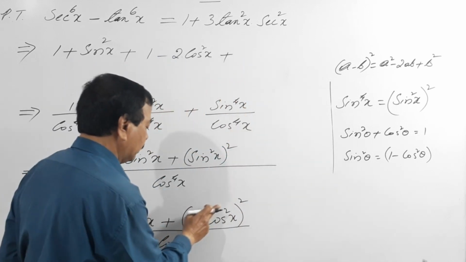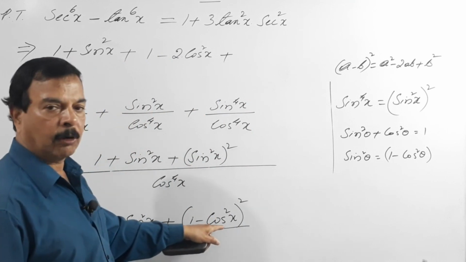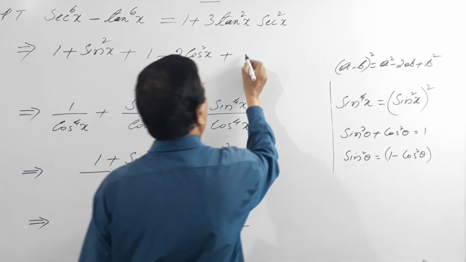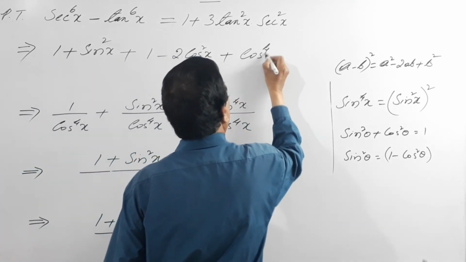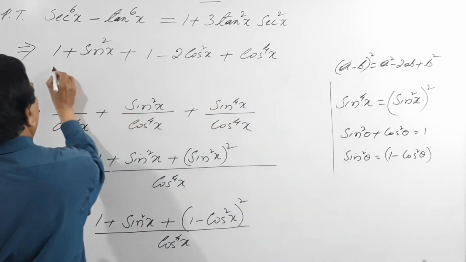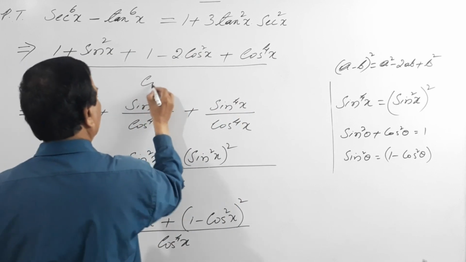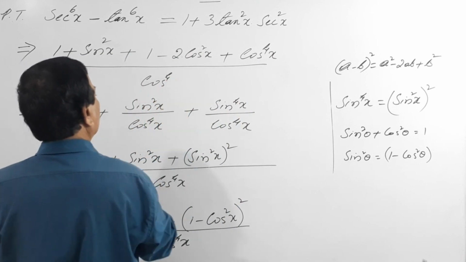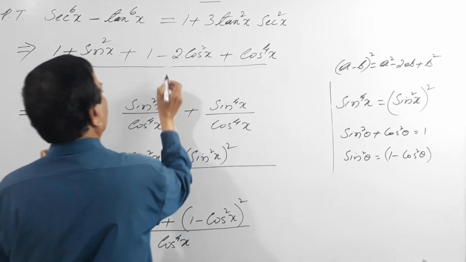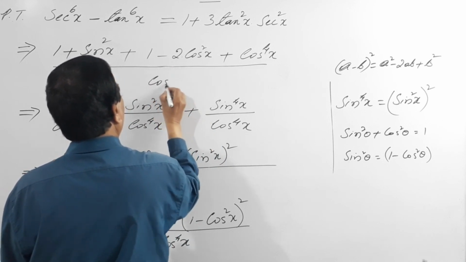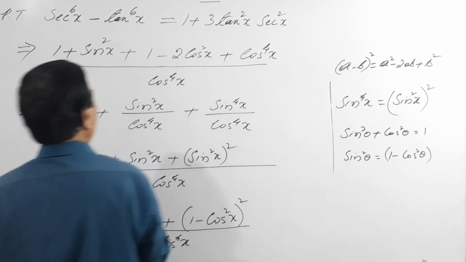So b square, cos square the whole square, becomes cos to the power of 4x divided by cos to the power of 4x.